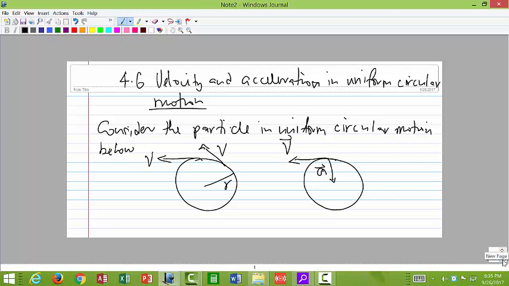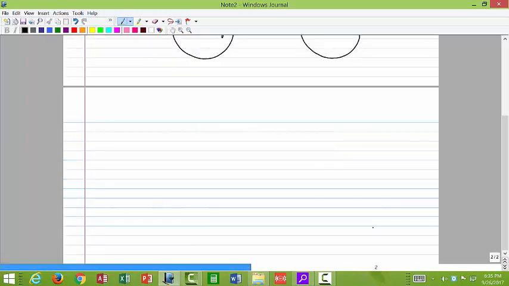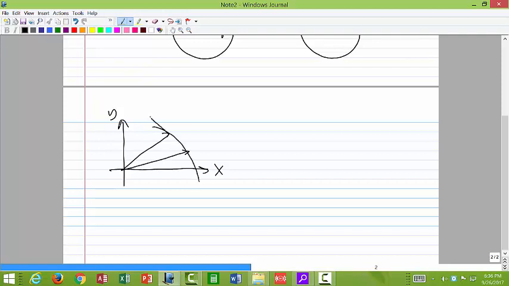At least I can show you how to calculate this acceleration just by working in the XY plane. Suppose we have a particle moving along a circular path in the XY plane like that, just like we did before. This is a velocity V, and that's a velocity V. We can think of the displacement.